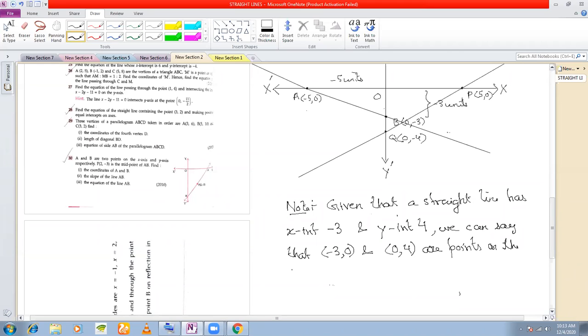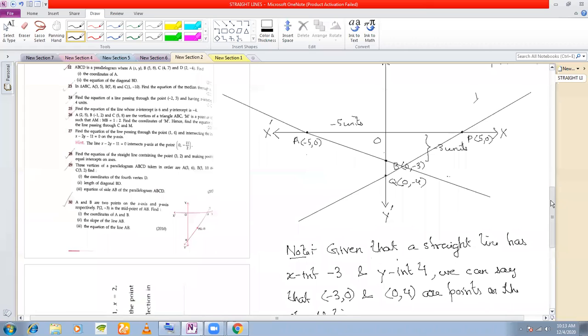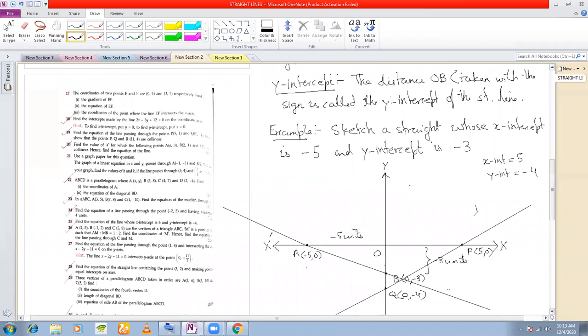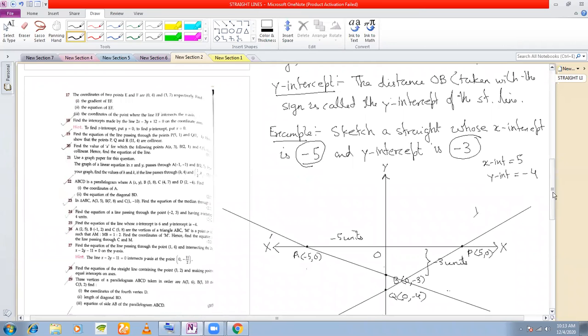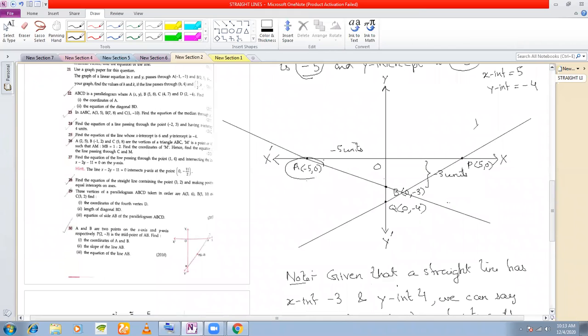Is this absolutely clear? Or any questions on this point? If you see here, I have given you x-intercept as -5 and y-intercept as -3, and I have drawn a straight line. Do you see that the straight line passes through (-5, 0) and it passes through (0, -3) because the x-intercept is -5 and the y-intercept is -3.